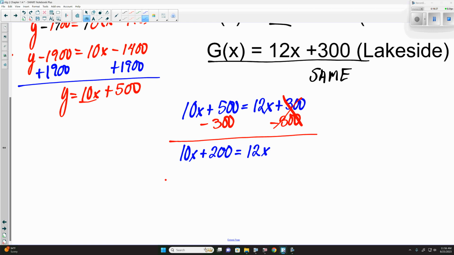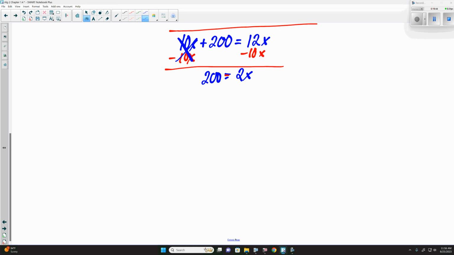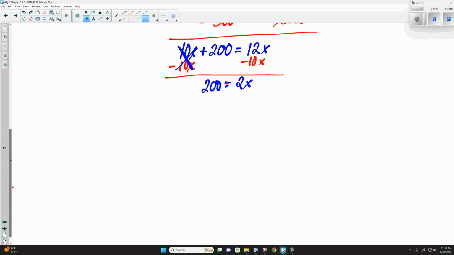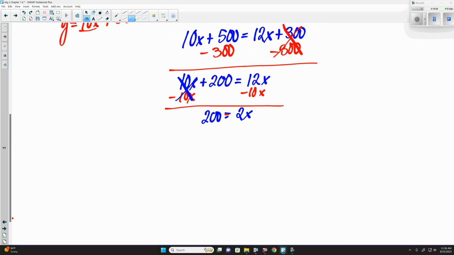The next thing we can subtract is 10x. 10x minus 10x is 0, leaving us with just 200 on the left-hand side. And 12x minus 10x is 2x. Then the last thing we need to do to get x by itself is to divide both sides by 2. 2x divided by 2 is just going to be 1x, or we can just say x.